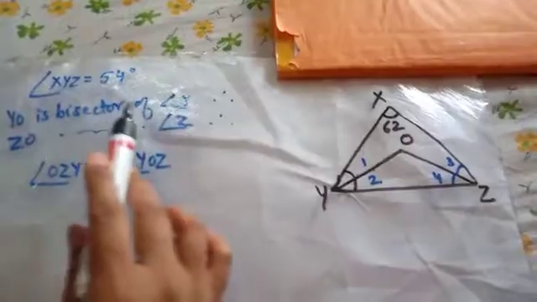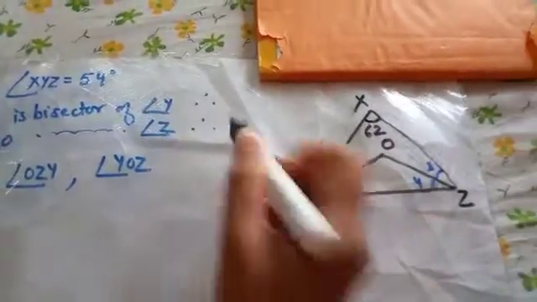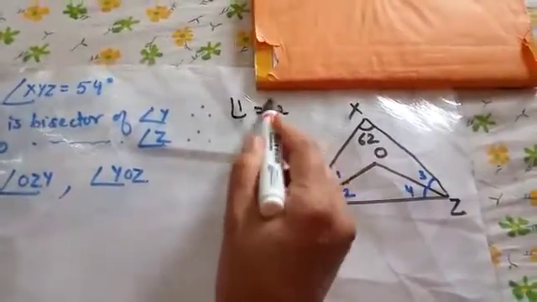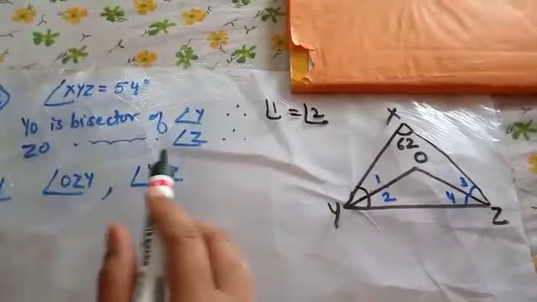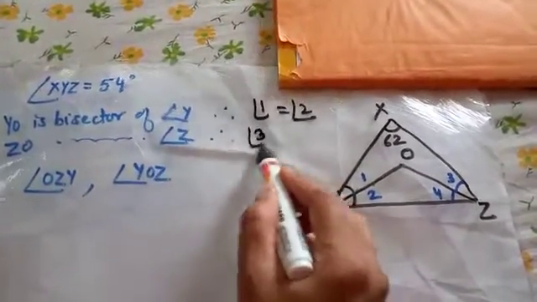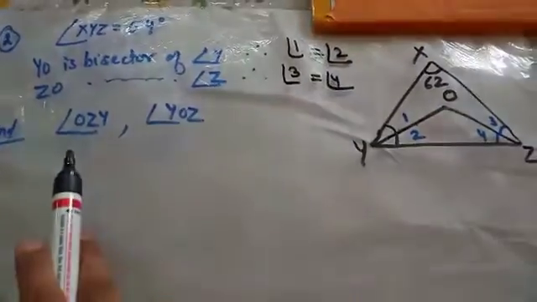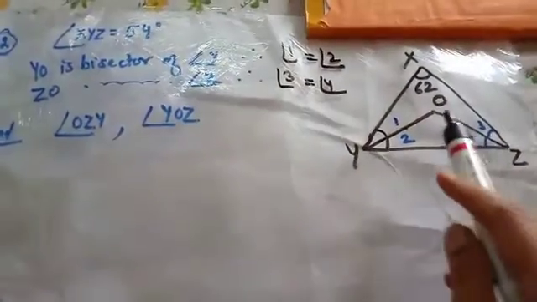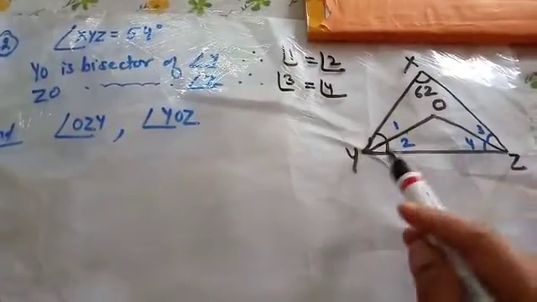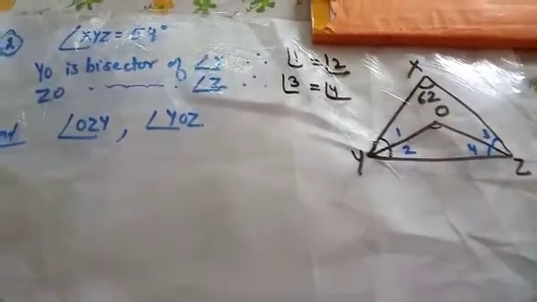Since YO is bisector of angle Y, therefore angle 1 is equal to angle 2. And then ZO is bisector of angle Z, so angle 3 is equal to angle 4. Now we have to find out OZY.